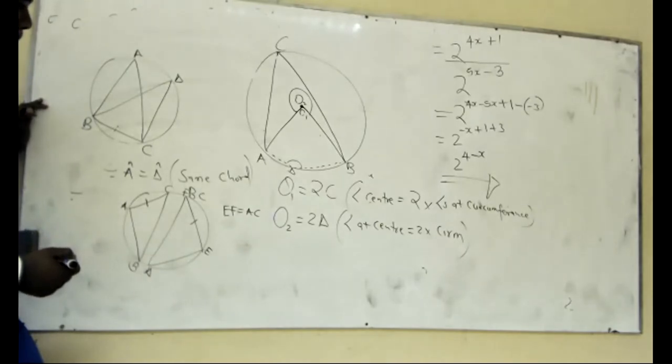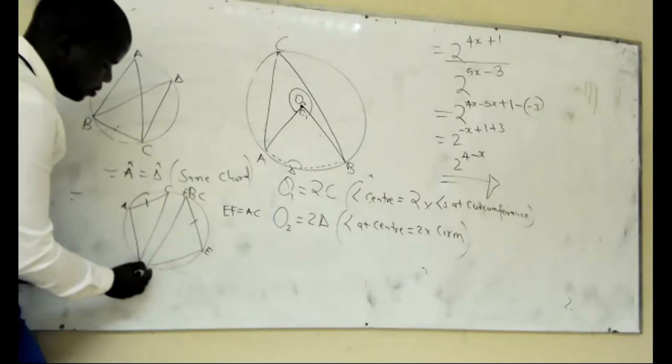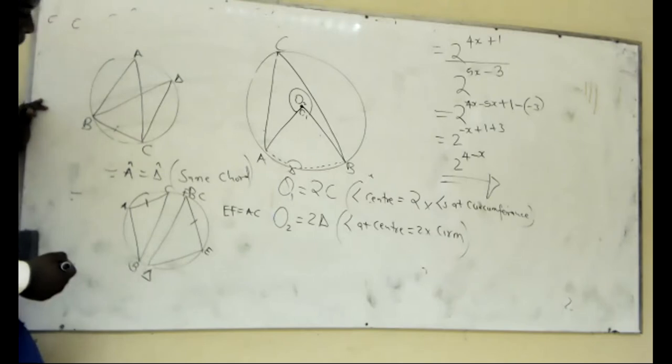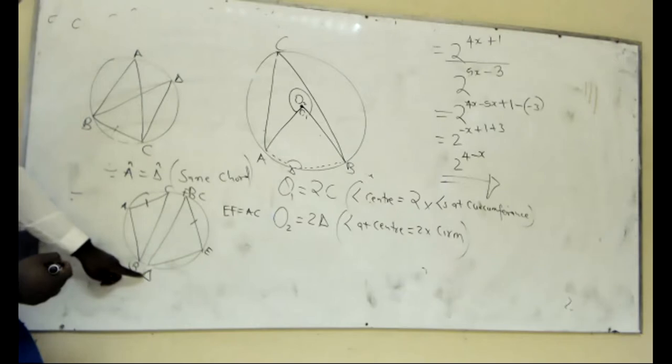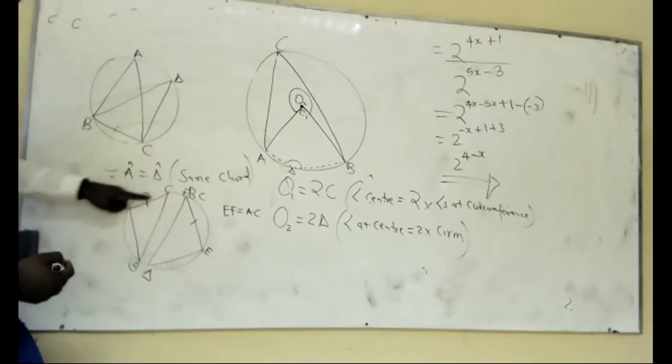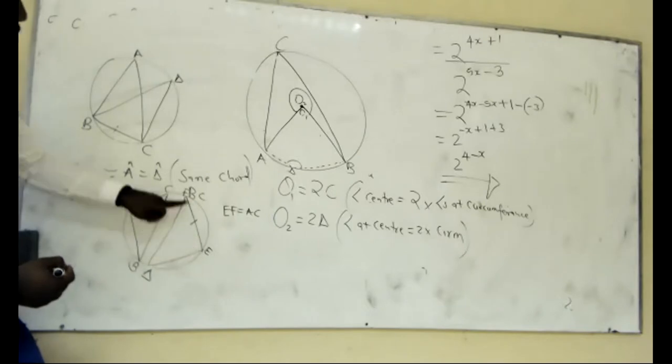D and C. Is that a D next to B? Yes, this is D. Which angles are equal? So we have AC, which is equal to EF.